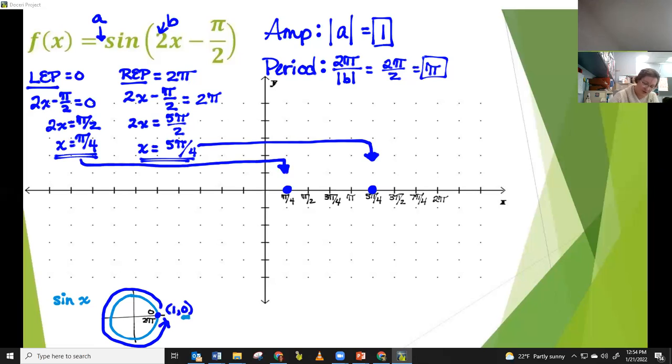All right, so I want you guys to think about the unit circle. As I make this trip around the unit circle, is there anywhere else that the sine value is 0, other than where I start and where I finish? Is there anywhere else around this unit circle where my sine value is 0?